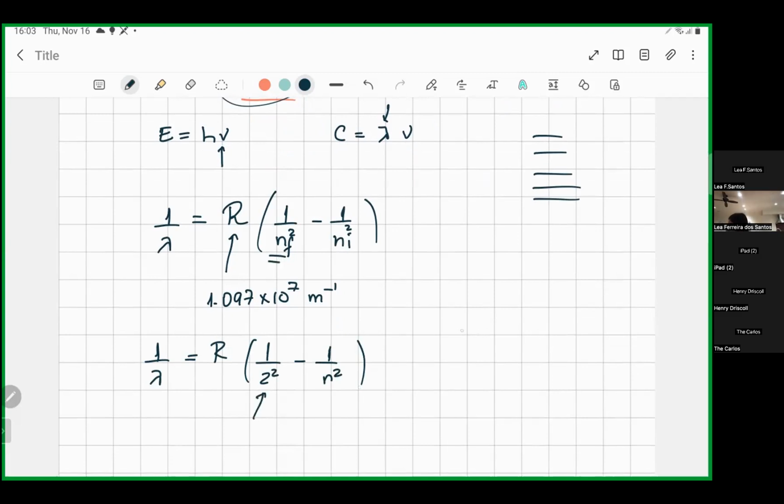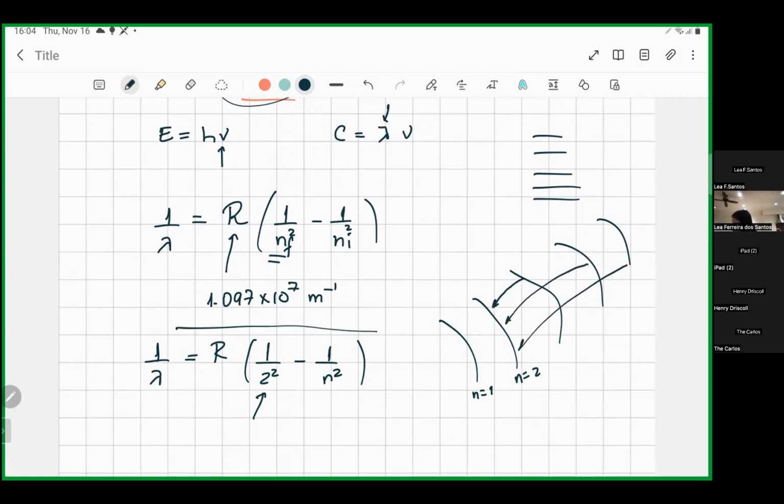So we have here N1 is the ground state, N2 is the first excited state, N3, N4, N5. So if we decay to N2, this is the energy, and this is the wavelength that we will find.